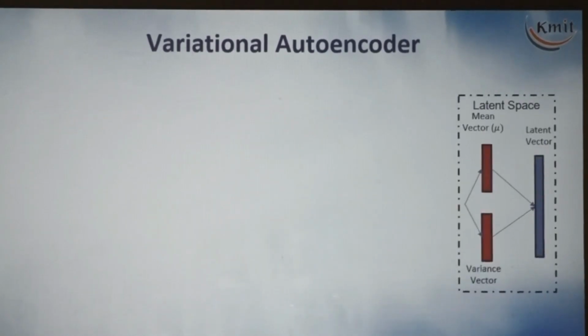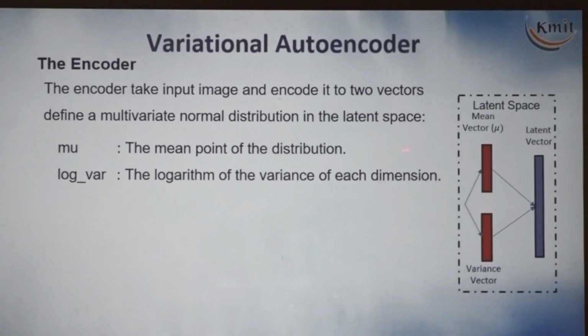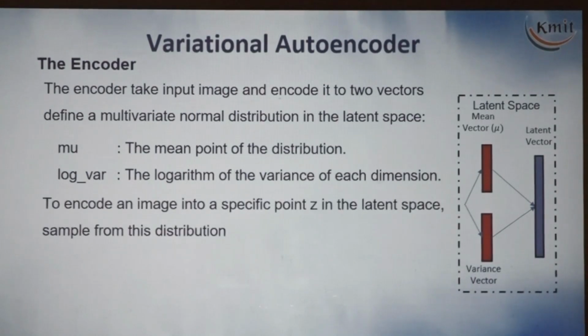Now see here, mu, the mean vector, and log variance, the variance vector. We take these two, and instead of taking a specific point, to combine these two we take z equal to mu plus sigma epsilon.